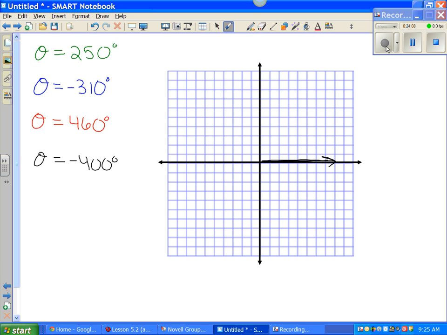So we know this is negative 90, negative 180, negative 270, negative 360, negative 450. So where am I going to be? Yeah, quadrant 4. So we're going this direction. Okay. Think you guys got the hang of it?